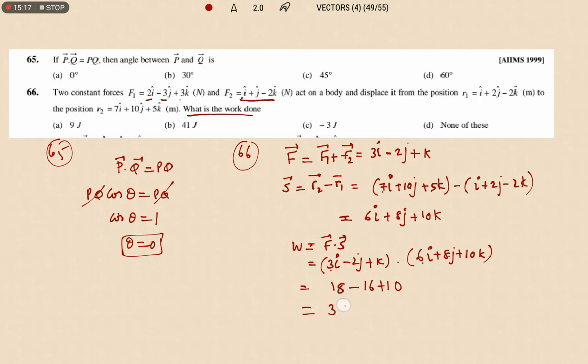So 28 minus 16. The answer is 12. That means none of these.